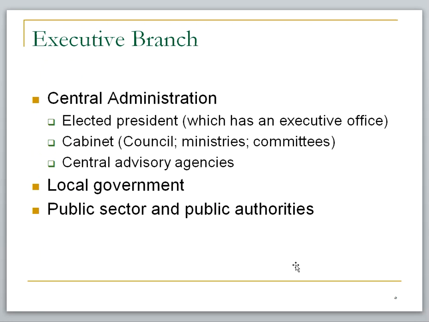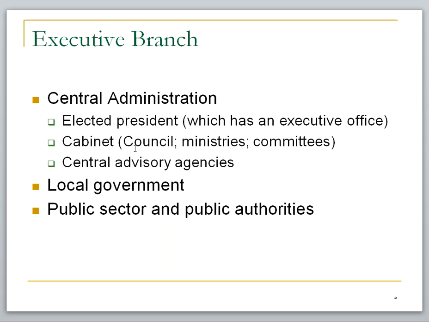For the executive branch, which is the central point in our chapter, we have the central administration, and in it the elected president, who has an executive office, طبعا له مكتب أساسي للرئاسة, and the cabinet اللي هو مجلس الوزراء.